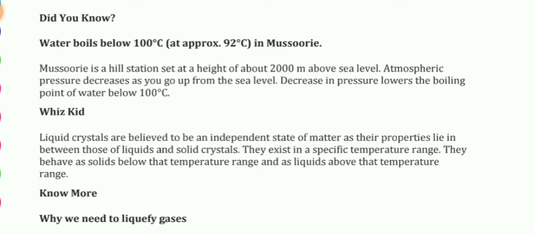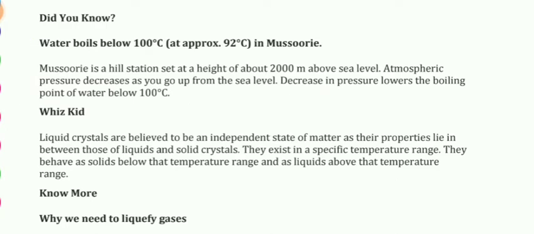So at the top of the hill station, which is approximately 2000 meters from sea level, the water starts boiling below its boiling point, that is at 92 degrees centigrade. Remember this one, it may come in short questions or give reason.